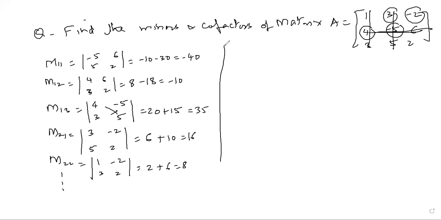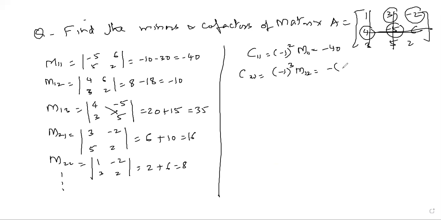After finding the minors, now find the cofactors. C11 means minus 1 raised to power 1 plus 1 times M11, and an even power means the same positive number, so this will be minus 40 only. C12: 1 plus 2 is odd, so minus 1 raised to power 3 times M12, so a negative sign will come.